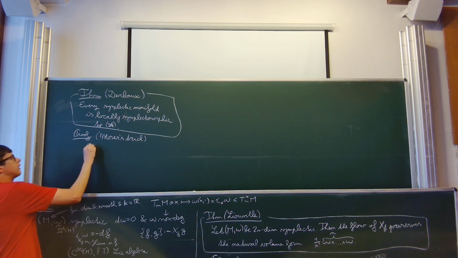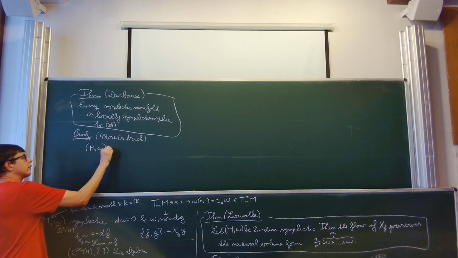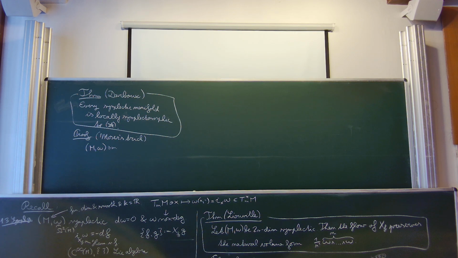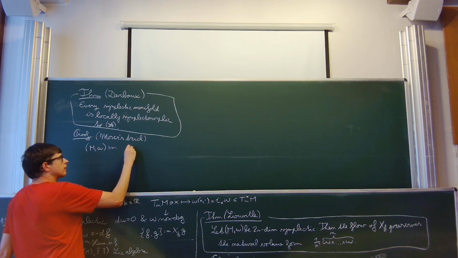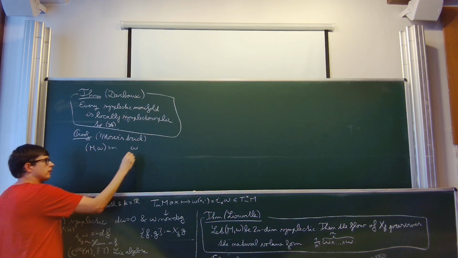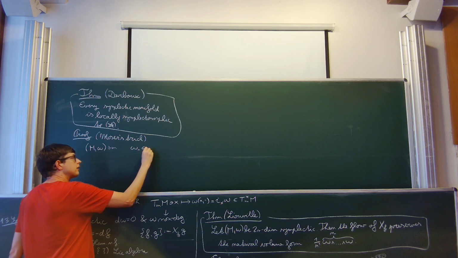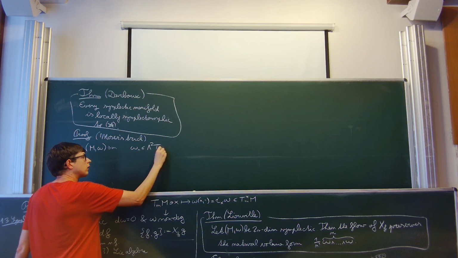So let's say that we take our symplectic manifold and we pick a point there. Now, note one thing that I think we discussed. I know we haven't, but we will. So we have our omega at that point m, and this thing is a two-form.